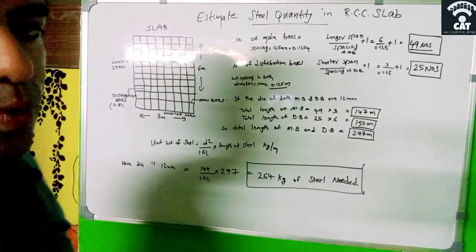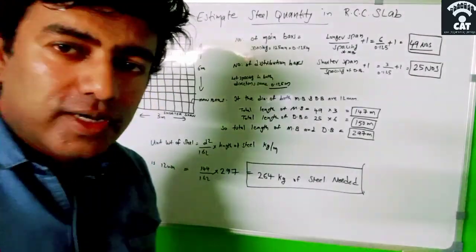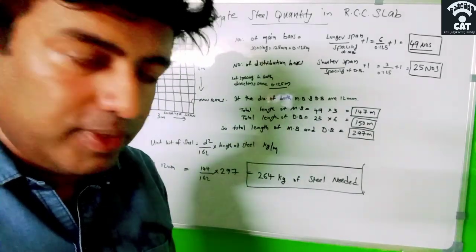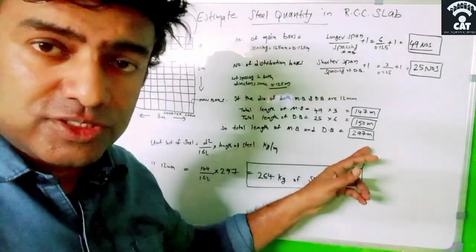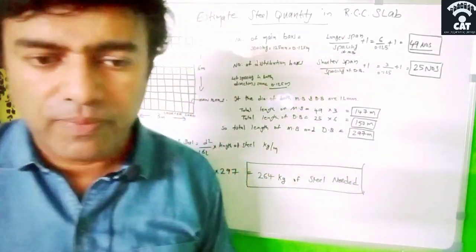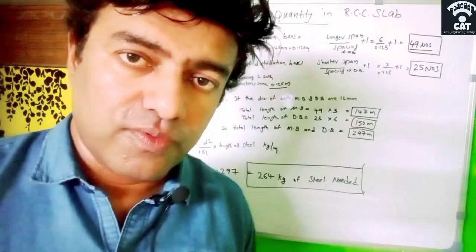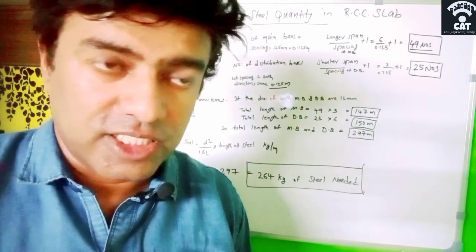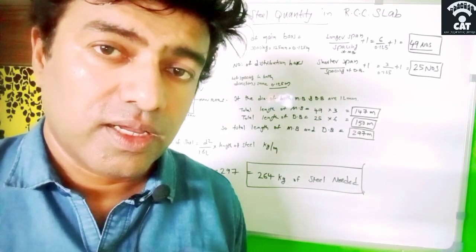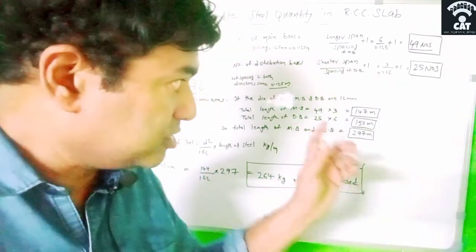Okay, and now how to get the weight of that total length of steel bar. Now we got only 297 meter, which is the length of the steel bar, but usually when we buy steel, we have to ask for this much weight and not the length. So we have to know the weight of the steel for this much length.